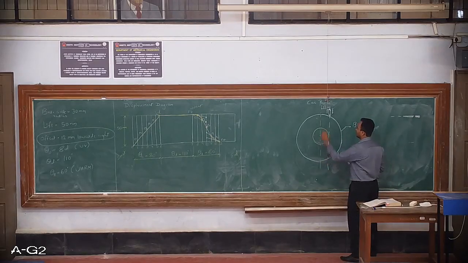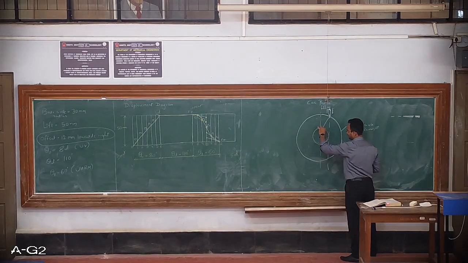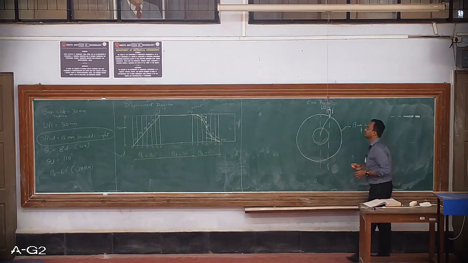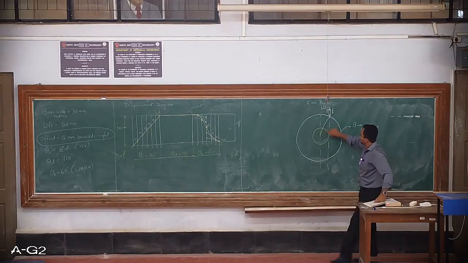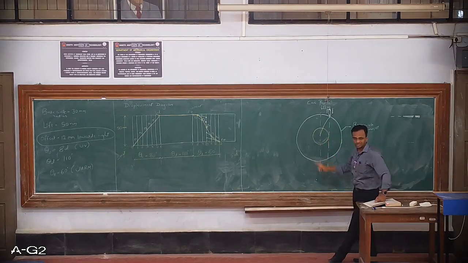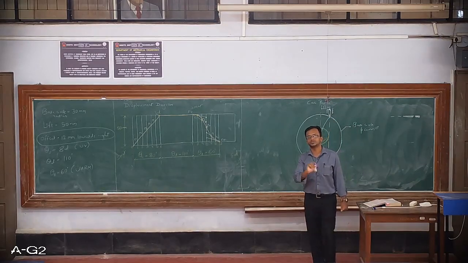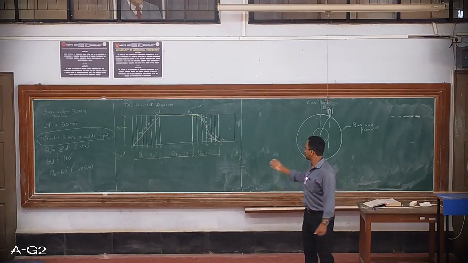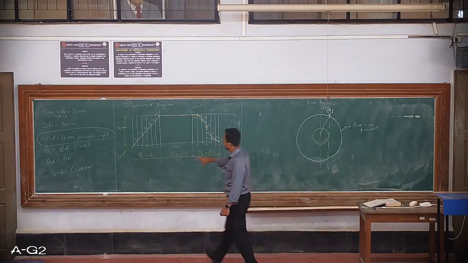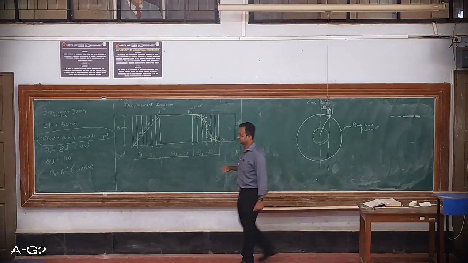You will have to draw a line starting from the follower tip to the center of the cam. Starting from the tip of the follower to the center of the cam, you have to draw the line, and this line becomes your reference line to measure all these angles now, rise stroke, dwell and return.